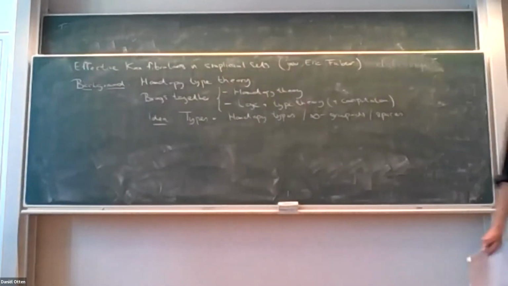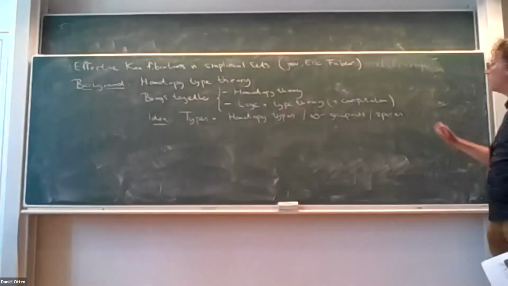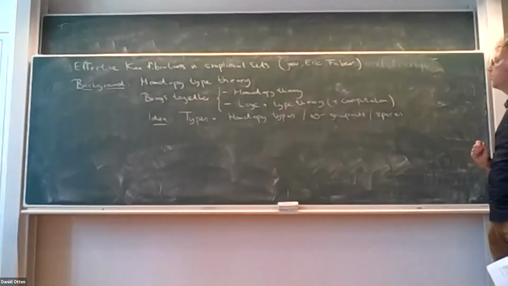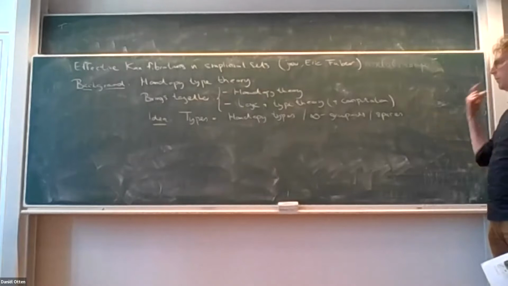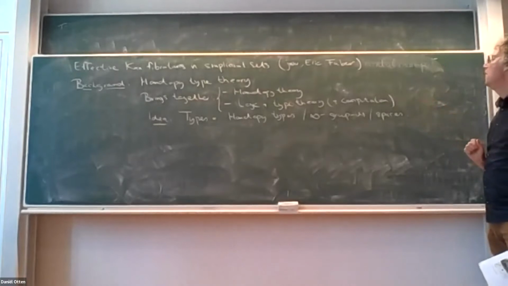For instance, one of the things that we already talked about is that this point of view leads to a new interpretation of Martin-Löf's identity types in type theory. They can be thought of as path spaces. They lead to new axioms like the univalence axiom.